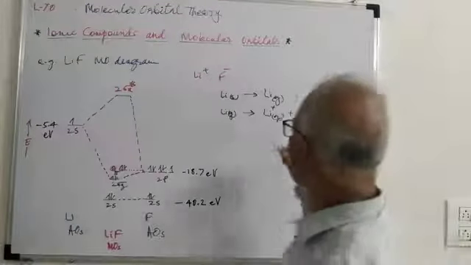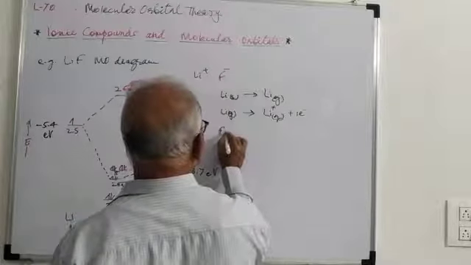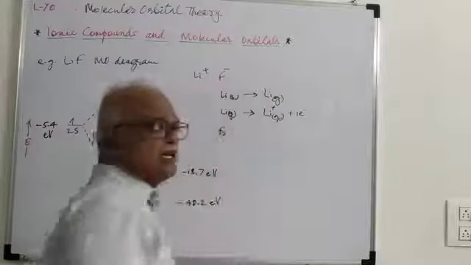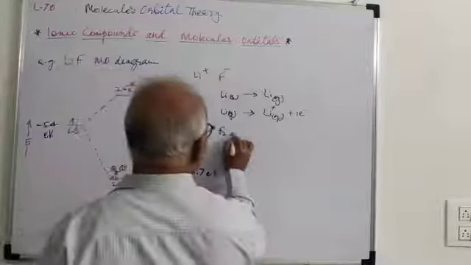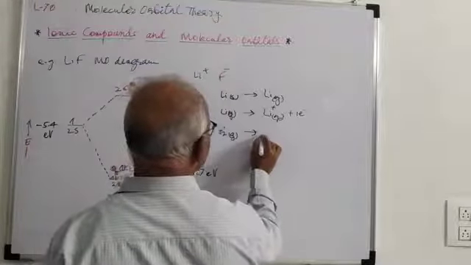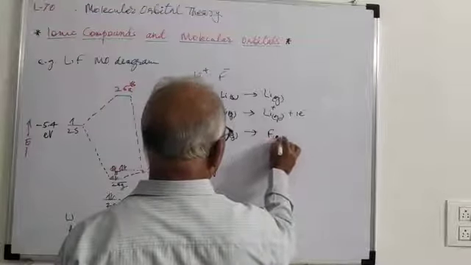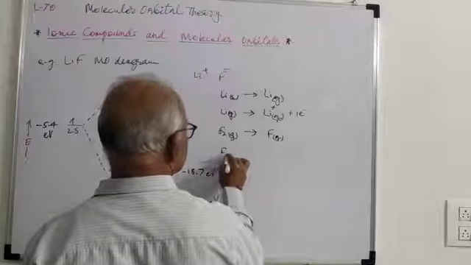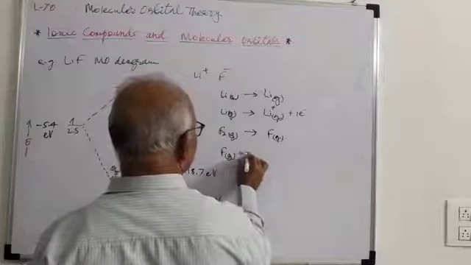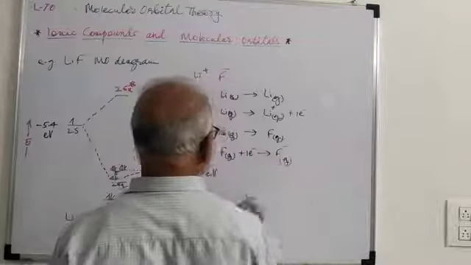The next step is the formation of fluorine. Fluorine is in the form of F2, a homonuclear diatomic molecule in the gaseous state. On dissociation this gives F atoms also in the gaseous state. Now this F atom in the gaseous state gains 1 electron and forms F minus in the gaseous state.